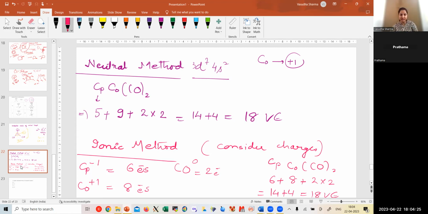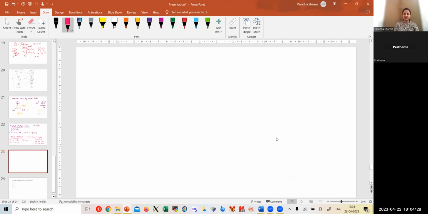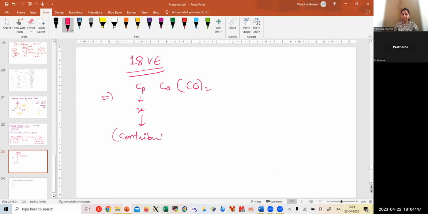For example, if this complex is making an 18 valence electron count, right? I don't know the contribution that is coming from the Cp. Most importantly, we should know the 18, the total valence electrons. So for Cp cobalt CO whole 2, I will take the Cp contribution as x. X is nothing but the contributed electrons that it is giving.